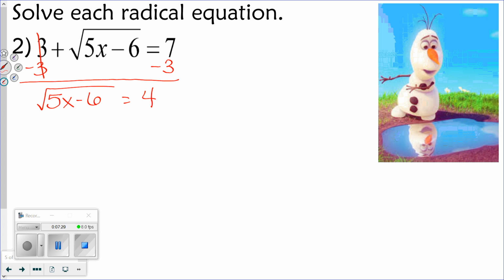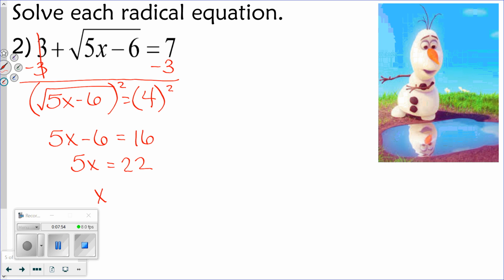Once the radical is isolated, how do you undo a square root? You square it. If I do it to one side, you have to do it to the other. So then it's just 5x minus 6 equals 16. And then solve for x. So we'll add 6, which is 22. Divide by 5. And it's just 22 over 5.